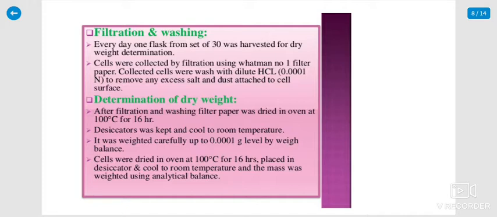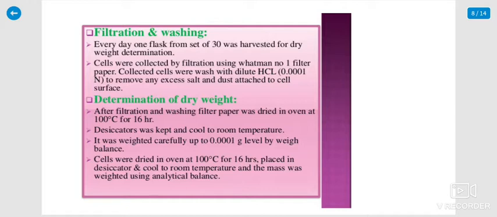So, determination of dry weight. It is another method of mass production. After filtration and washing, the filter paper was dried in an oven at 100 degrees Celsius for 16 hours. A desiccator was used and it was cooled to room temperature.